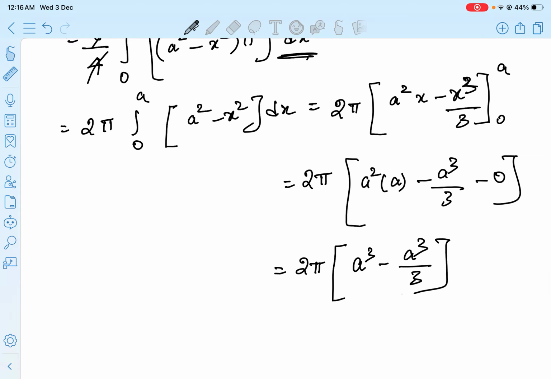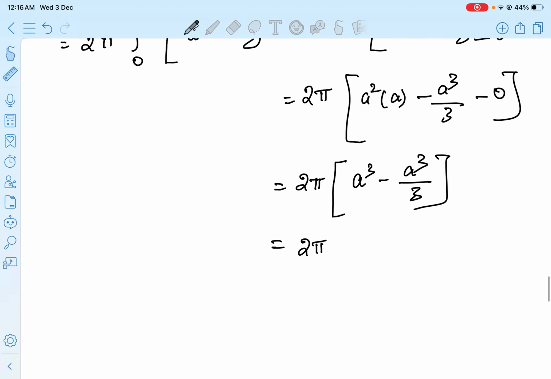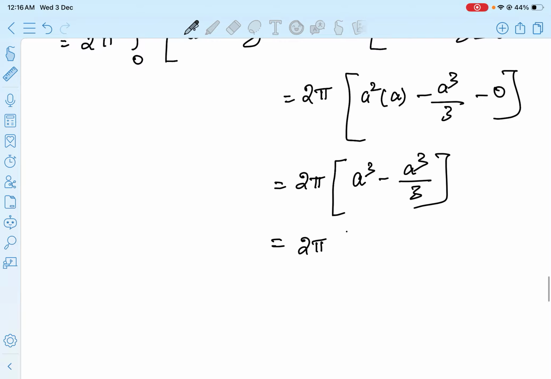Okay, so 2 pi. So here what we have, minus 1 into 3 will come. So here also we will get 3.